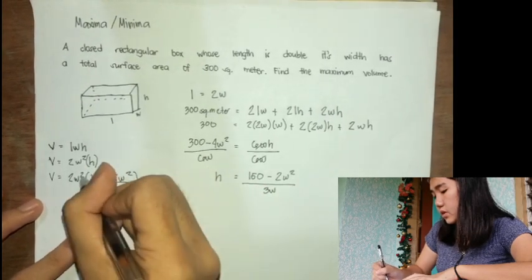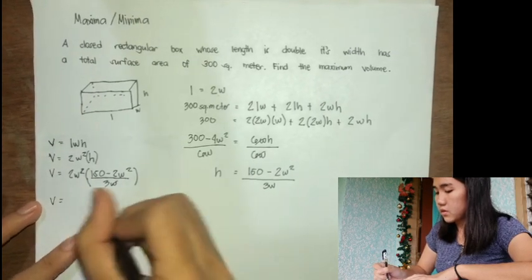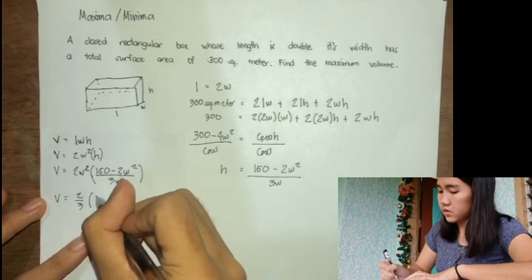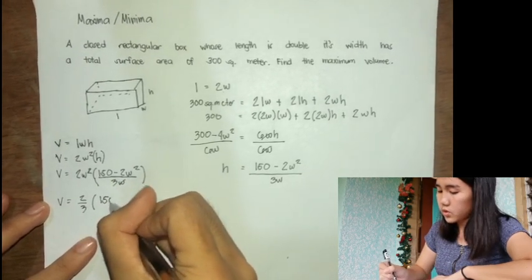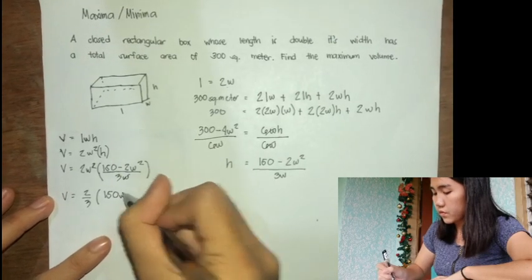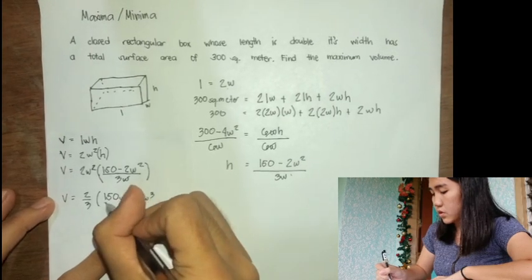And then we can cancel the W. So V is equal to 2/3 times (150W minus 2W cubed).